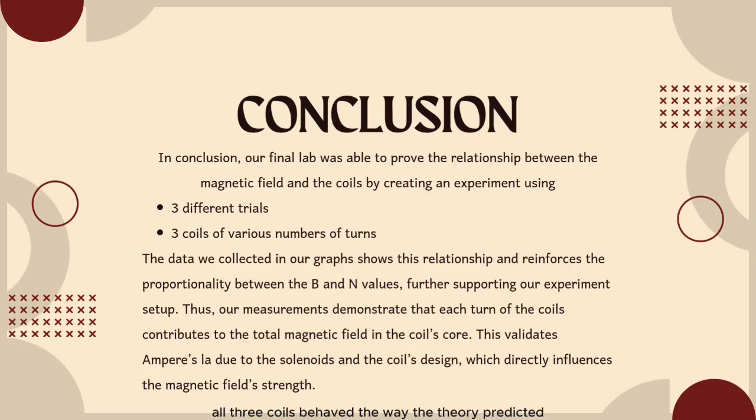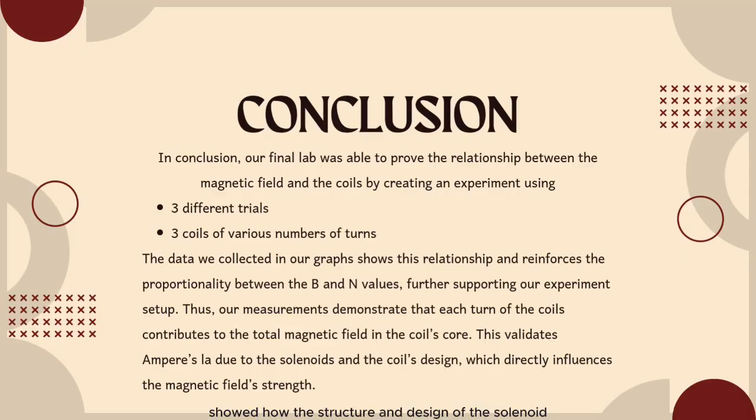All 3 coils behaved the way the theory predicted, and the increases in the magnetic field followed the exact pattern we expected. So overall, the experiment did exactly what it was meant to do. It helped us prove that the magnetic field inside a coil is directly influenced by how many turns of wire it has.